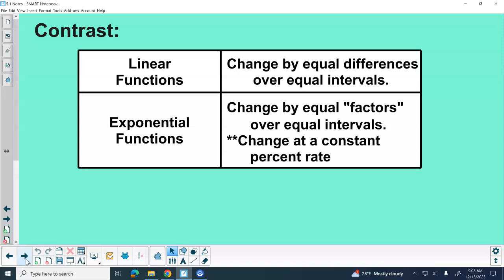So linear ones change constantly. Okay? No matter where you are on that line, the change to get to the next one is always the same. Okay? So if your slope is 17 at the start, your slope is going to be 17 at -2, your slope is going to be 17 at positive a billion.